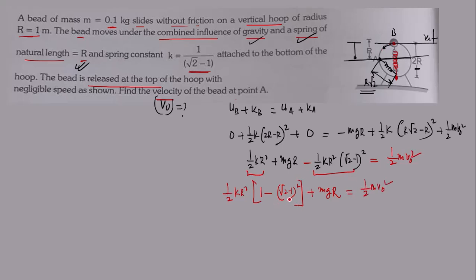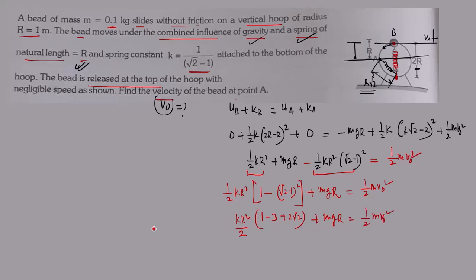So 1 minus (a minus b) whole square means 1 minus (2 plus 1 minus 2 root 2), which is 2 root 2 minus 2. That number is multiplied by k R square by 2, plus mgR, and that should be equal to half m V naught square.